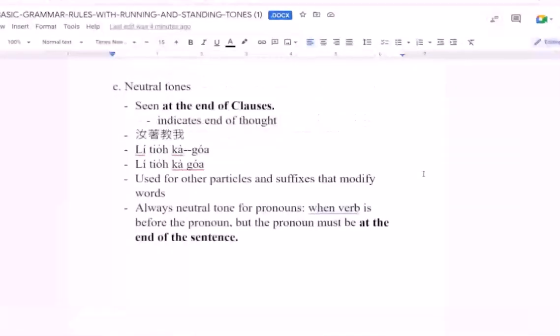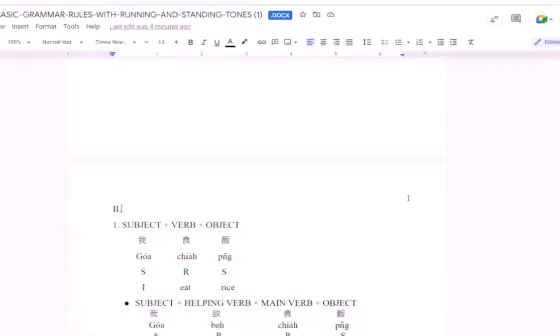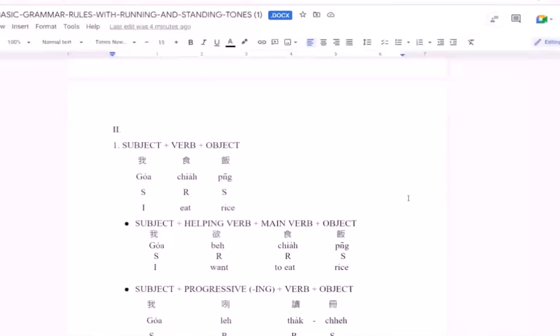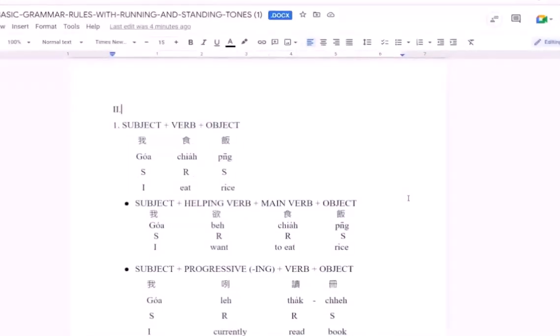Thanks, Sigmund, for explaining how the tone change works. Now let's move on to concrete, real-life examples of sentences so that we can demonstrate how the word order works in the grammar and how it also affects how the tone changes.